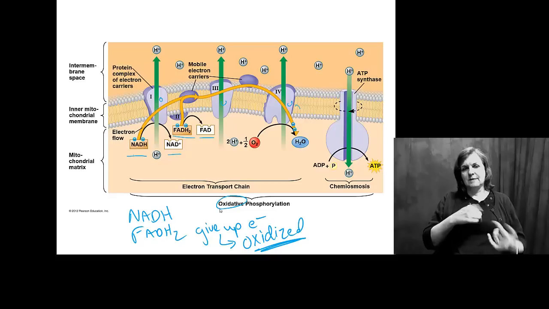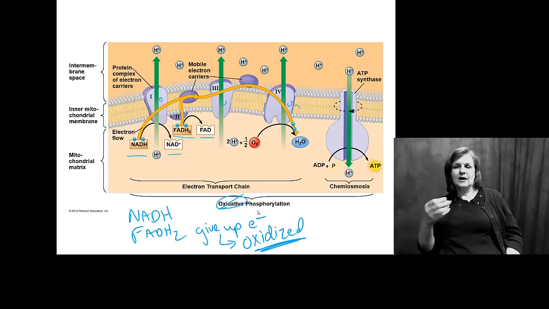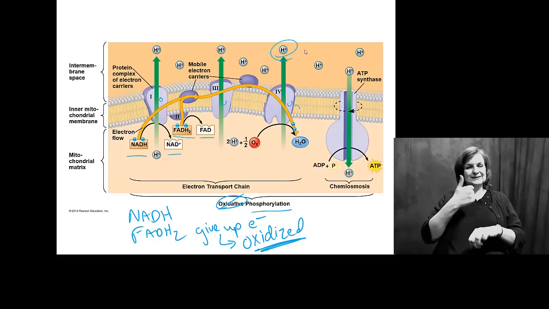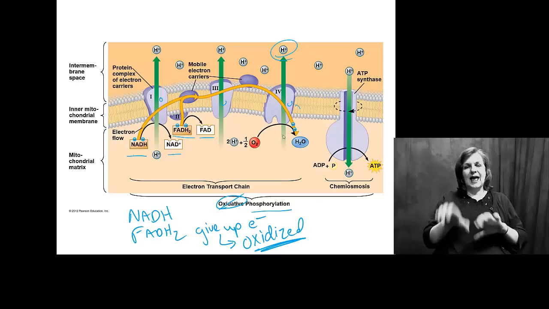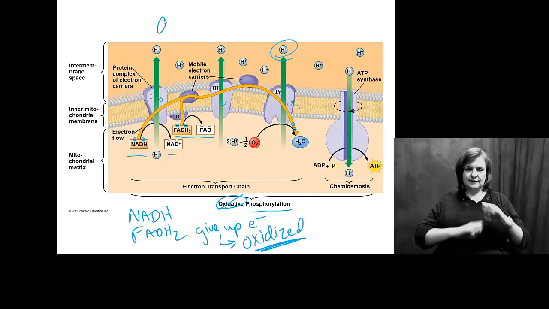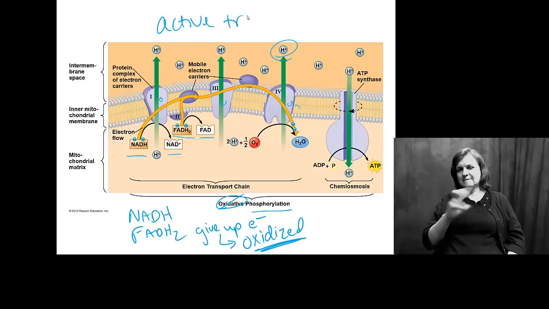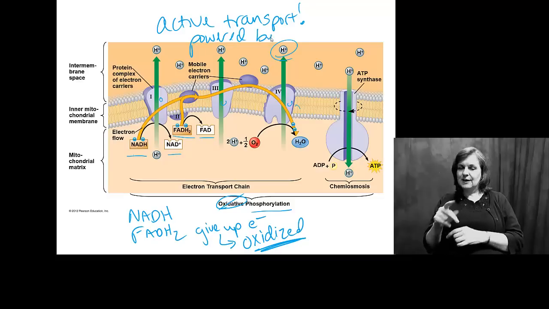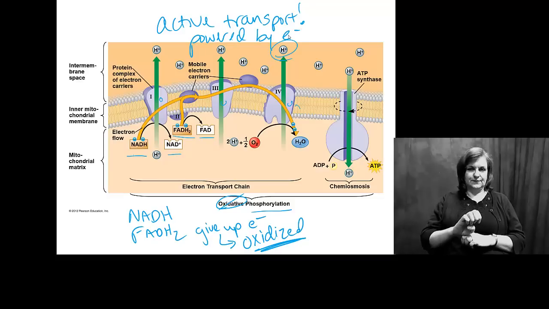That's our oxidative part. Phosphorylation, this proton gradient that we've set up, this is active transport, powered by electrons. So active transport, you know this. Powered in this case, not by ATP, but powered by electrons.